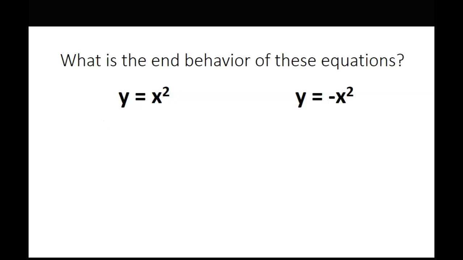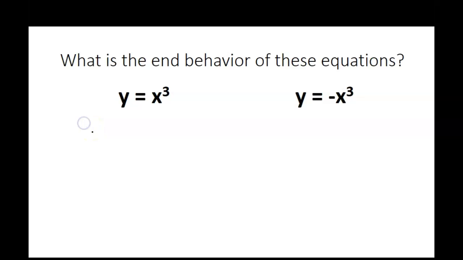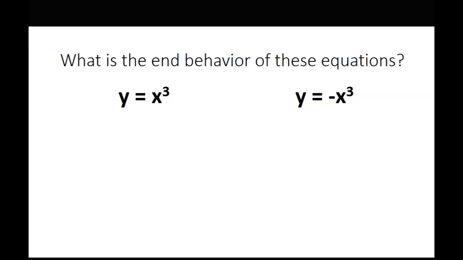Now, let's go ahead and change it up a little bit. Now, x cubed. We could do a table again, but I'm not going to. If we did a graph, it would look like this. That's what x cubed looks like. Those of you guys who did the extra credit, you might remember that.